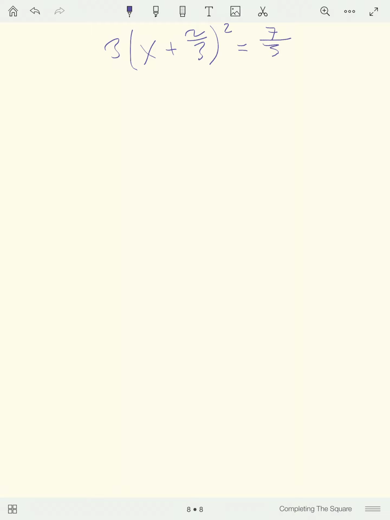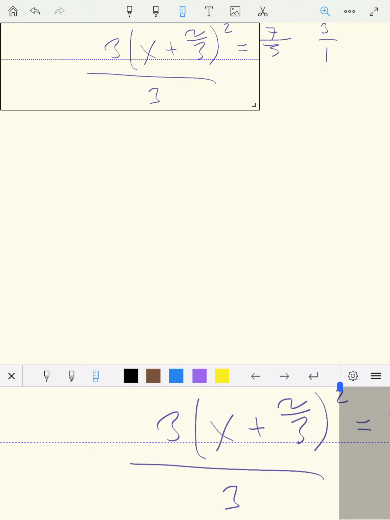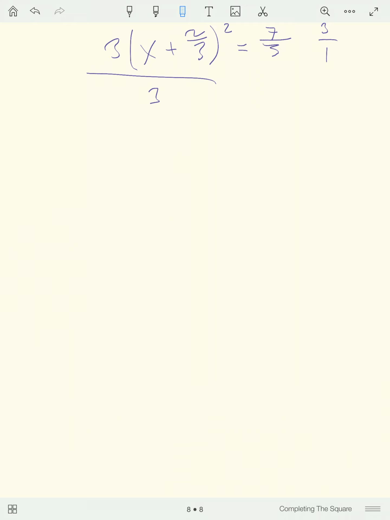So I'm going to show you the way that I would do this, which would be to divide both sides by 3, first off. Right, and if we divide this side by 1 over 3, divide that by 3 over 1, thinking ahead of myself, that will, of course, dot flip to become 7 over 3 times 3 over 1.